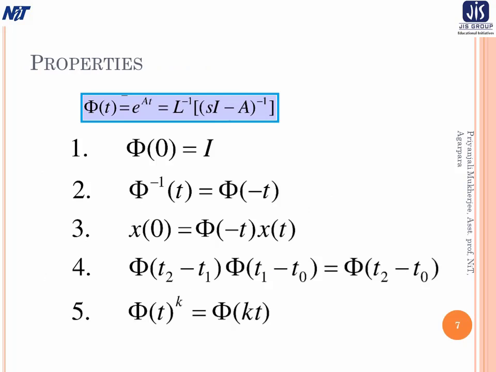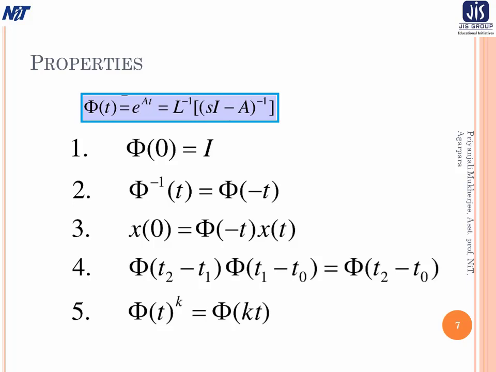Next are the properties of the state transition matrix. The state transition matrix satisfies the homogeneous state equation, and it represents the free response of the system. So it governs the response which is excited by the initial conditions only.